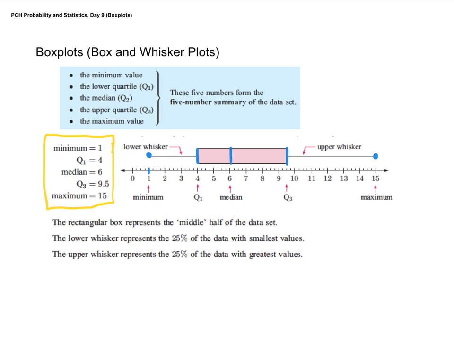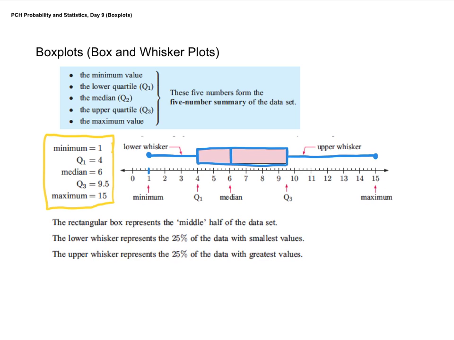Notice now that I have those 5 values marked, drawing my box plot's really easy. I simply connect the tops of these vertical lines and the bottoms of the vertical lines to create my box. And then I connect each side of the box to that extreme value to create my 2 whiskers.